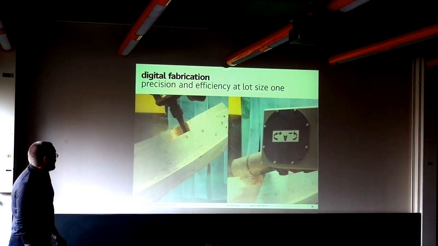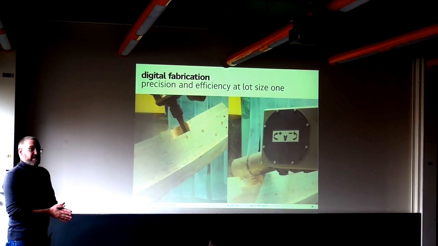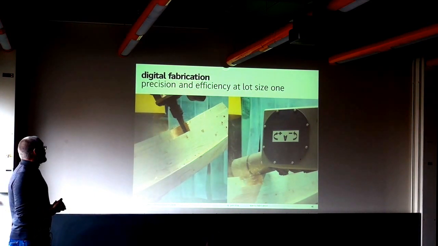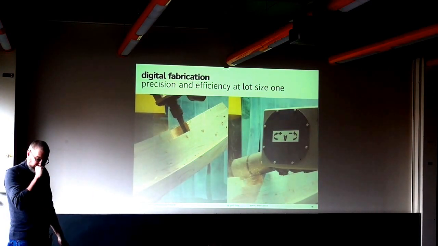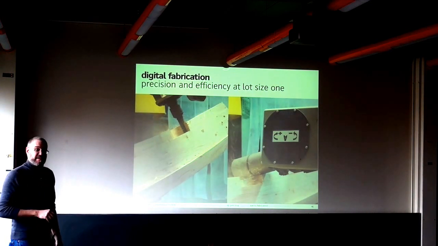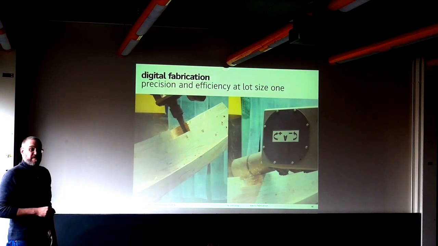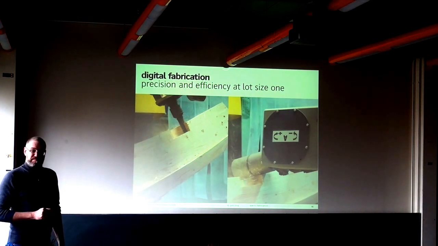So what we exploit is the ability of this machine to do very precise components at very high speed, especially in timber, which is a very nice material to CNC fabricate, because you can cut it in a very precise and quick way, as opposed to steel beams, for example.